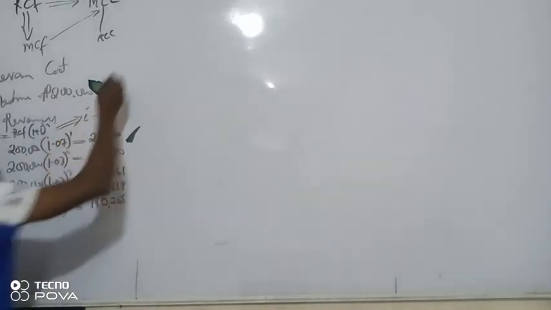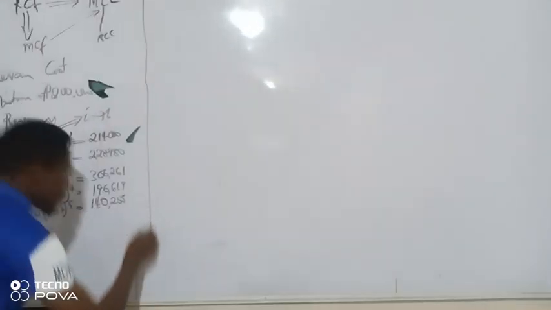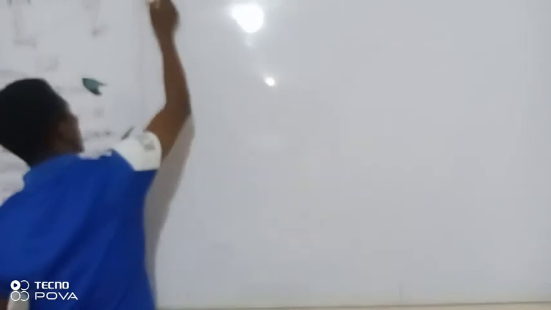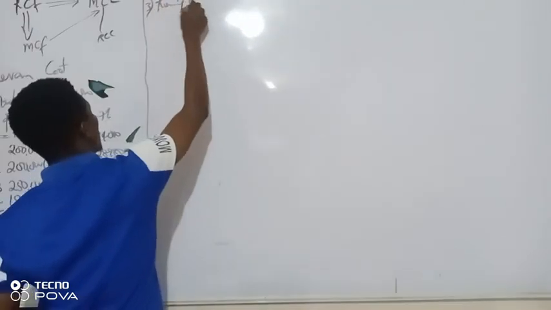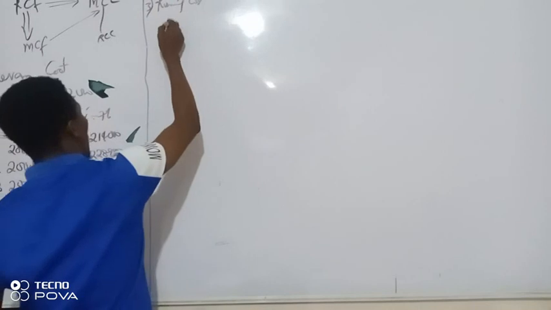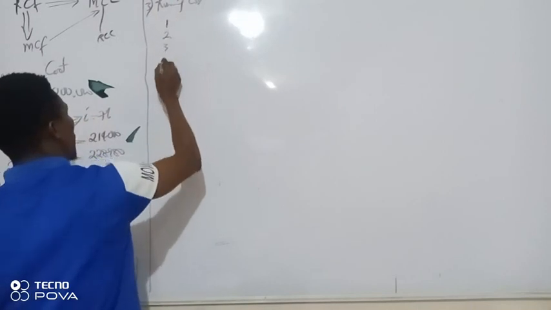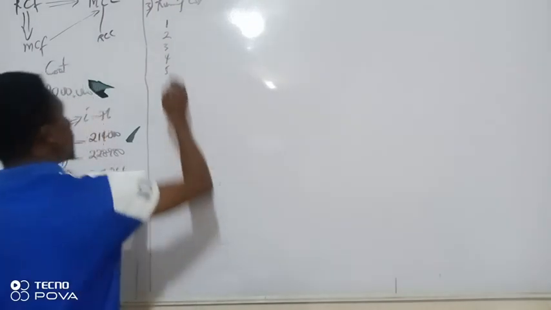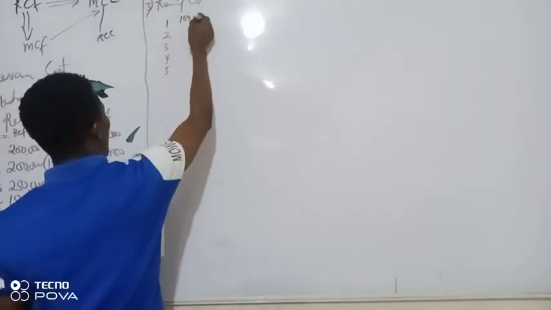Let's go for the running cost now. Year 1, 2, 3, 4, and 5. Same method again. Running cost for year 1 is 100,000.